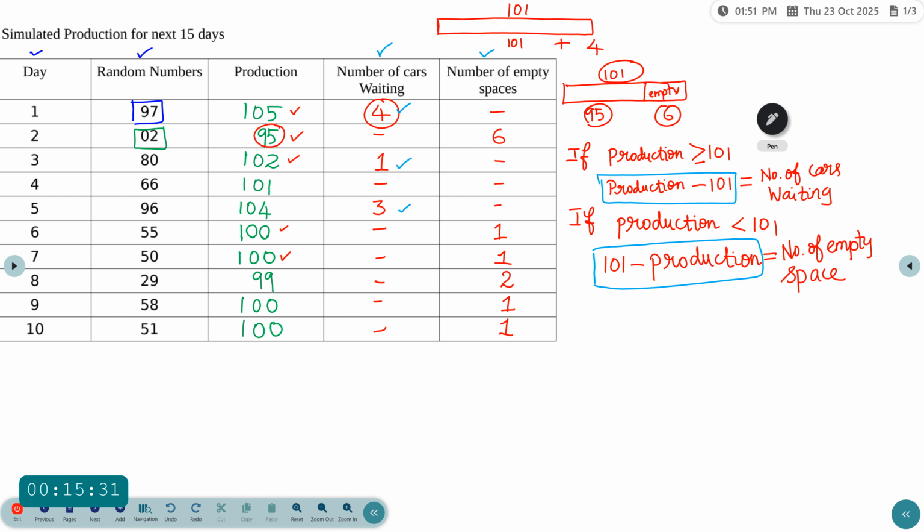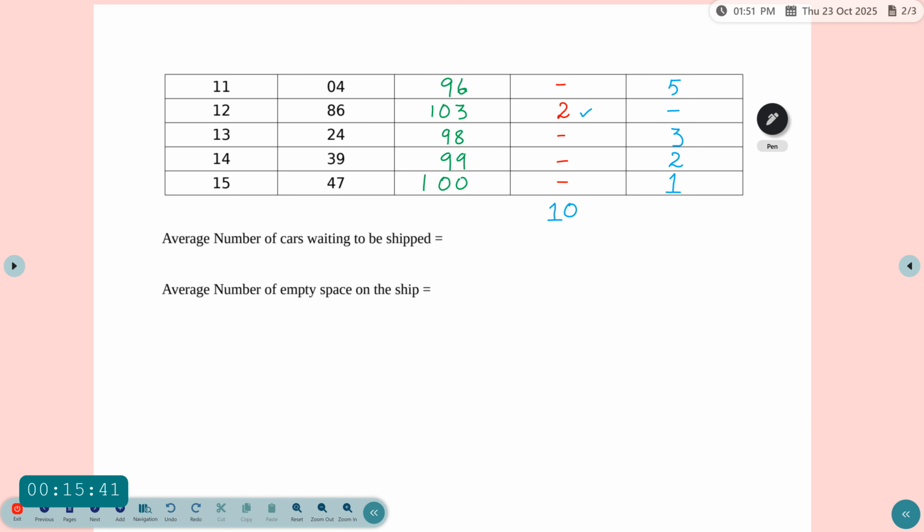Number of empty spaces: 6 plus 1 is 7, plus 1 is 8, plus 2 is 10, 11, 12, 12 plus 5 is 17, 20, 22, 23. So the sums are 10 and 23.